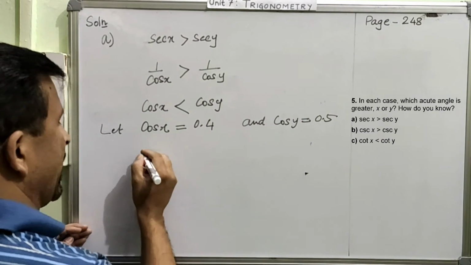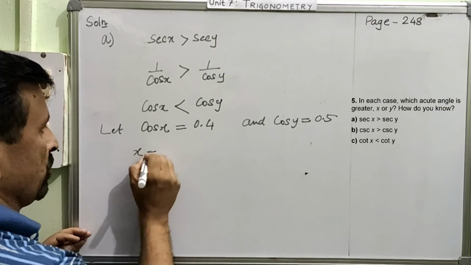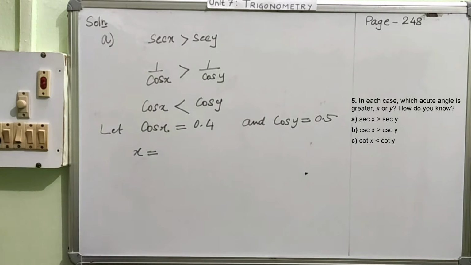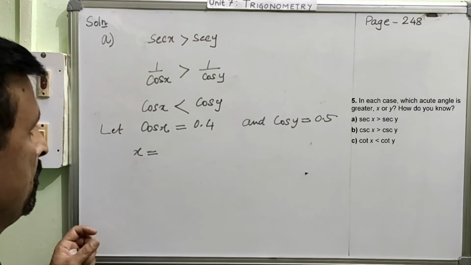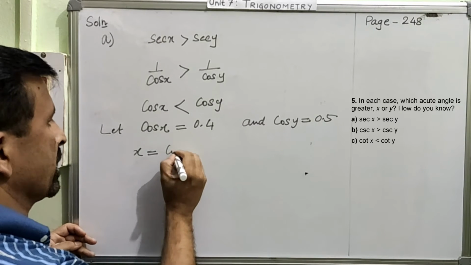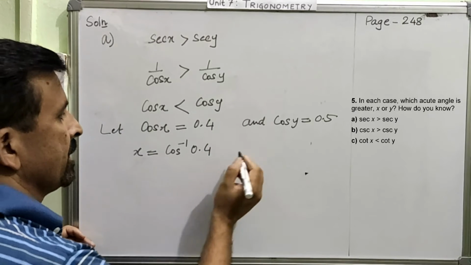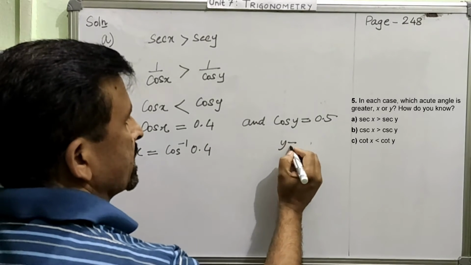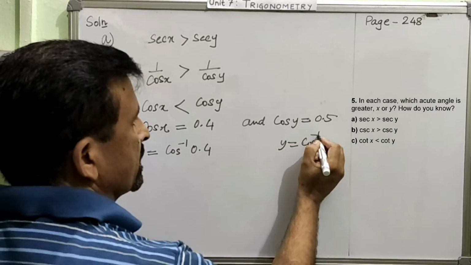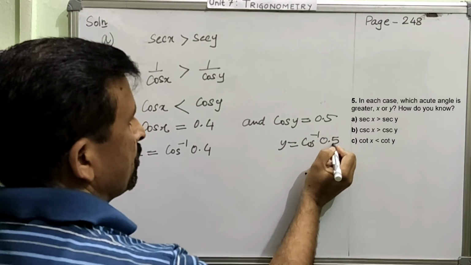Now, I will find the value of x. So, x is equal to cos inverse 0.4, and here I will take y as equal to cos inverse 0.5.